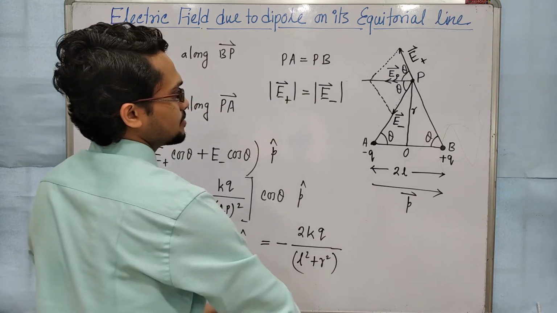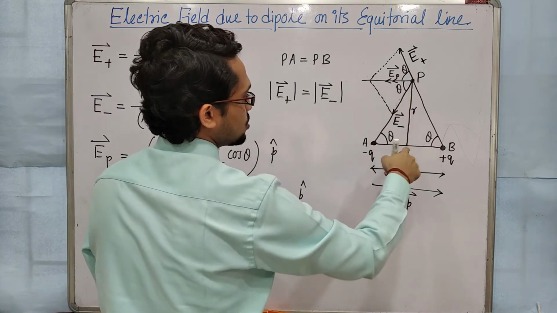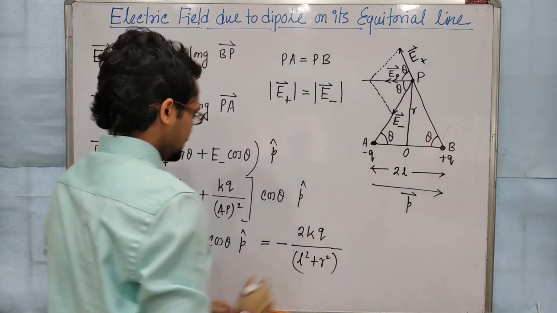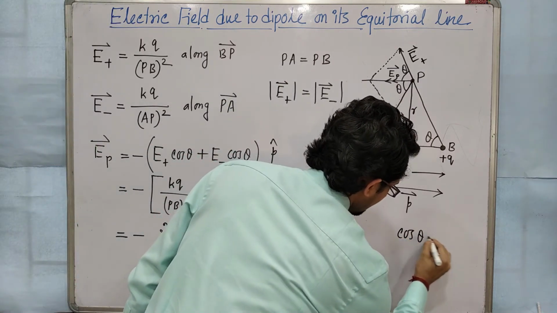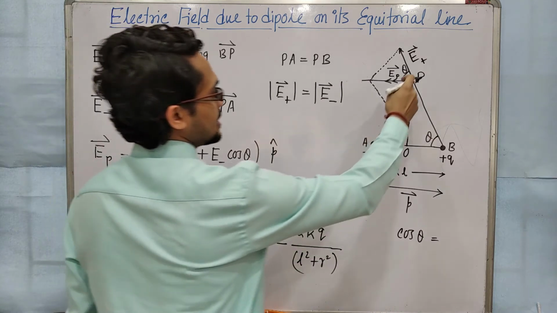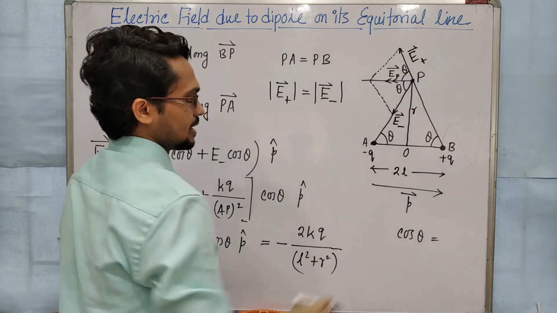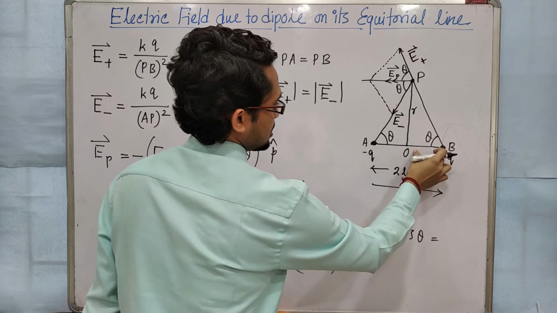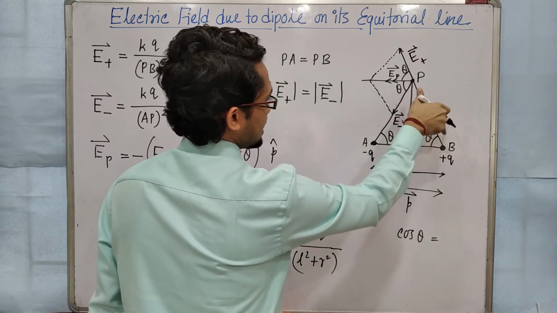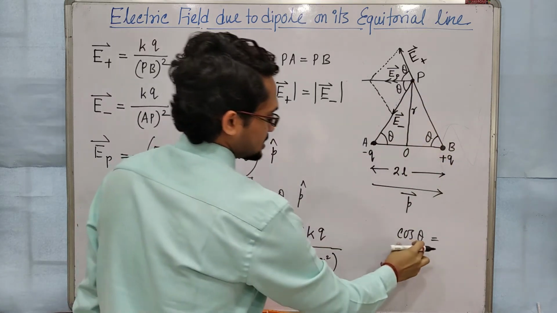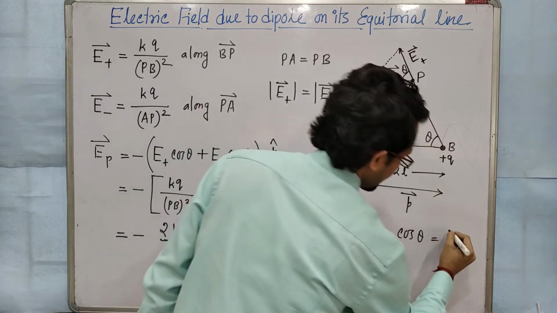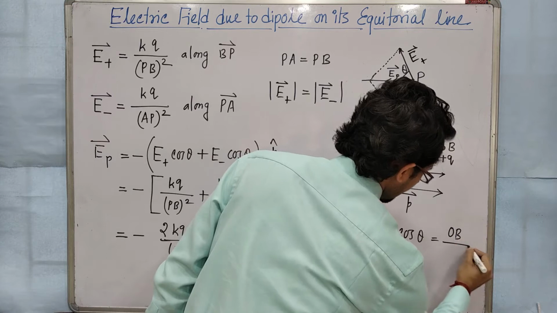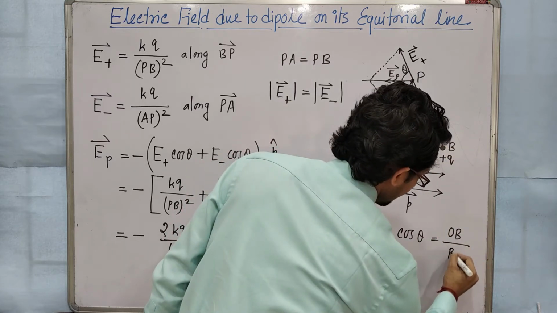Now again take any one right angle triangle, PAO or POB, anyone. Cos theta means what? I am taking POB. Now this is theta. So this is base, this is height and this is hypotenuse. Cos theta means base by hypotenuse. OB is the base and hypotenuse is PB.